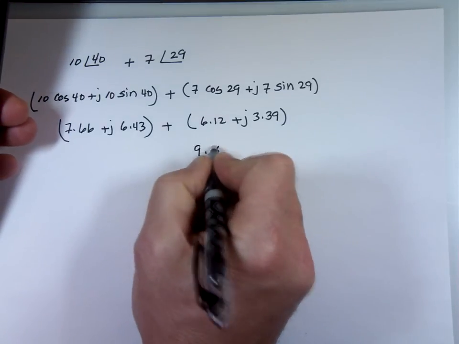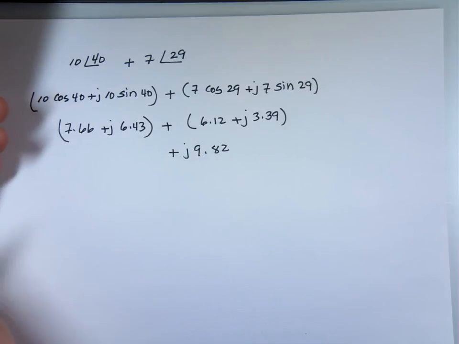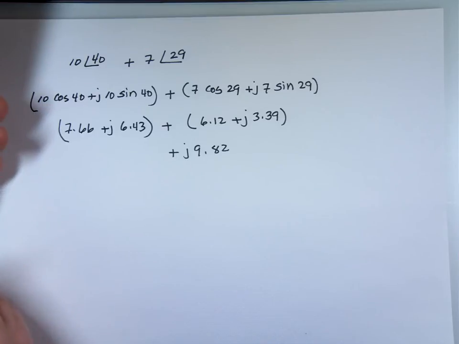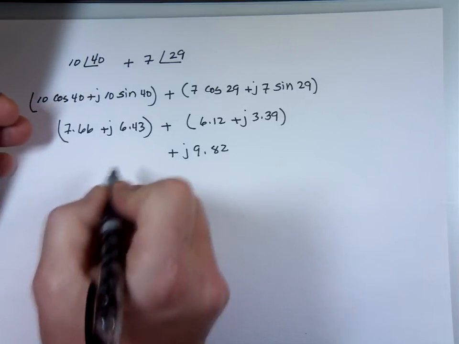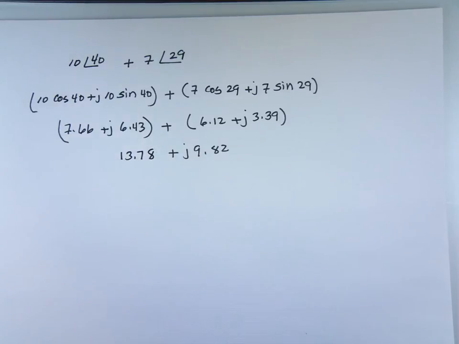Adding the j portions gives 9.82, that's the j portion of it, and the other one, 7.66 plus 6.12, is 13.78. Notice that's my answer in rectangular. I don't want it in rectangular, I want it in polar.